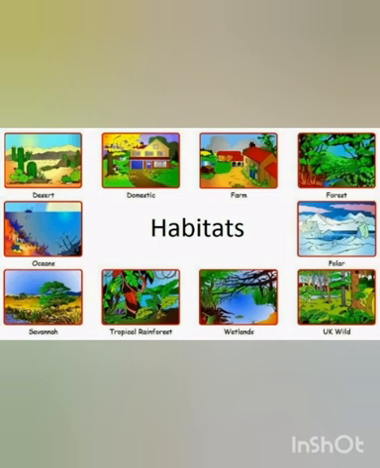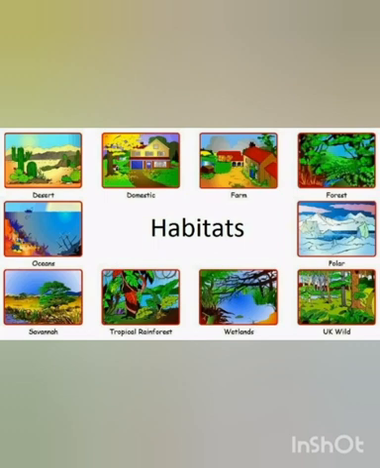An animal's habitat gives air, water, food and shelter to the animals. The home of an animal is found within the habitat. For example, the lion's habitat is forest and the lion's home is its den.